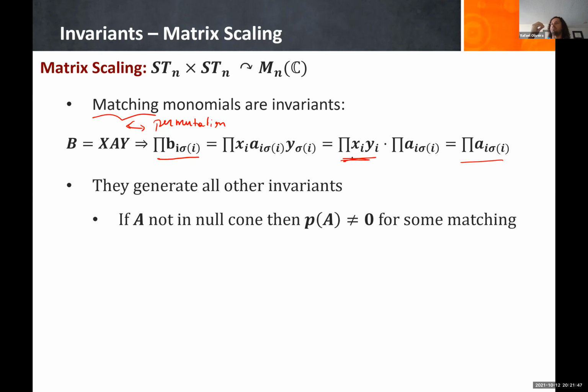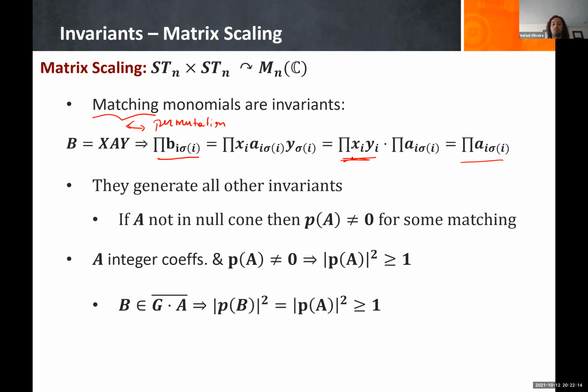So there is a matching that will witness that A is not in the null cone. And as we saw in the algorithm before, instead of using the permanent, we can just use any such invariant. Again, if A has integer coefficients and P of A is different from 0, then P of A squared is greater or equal to 1.